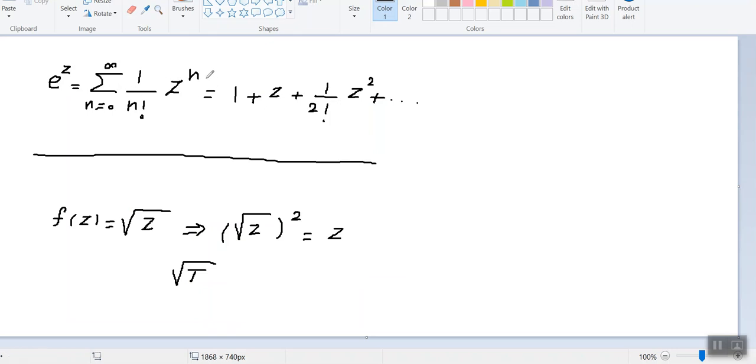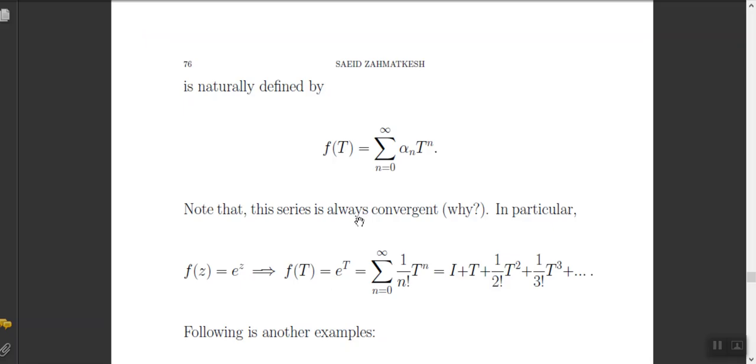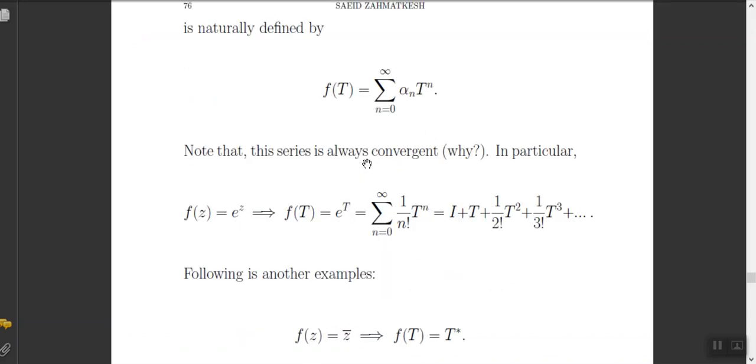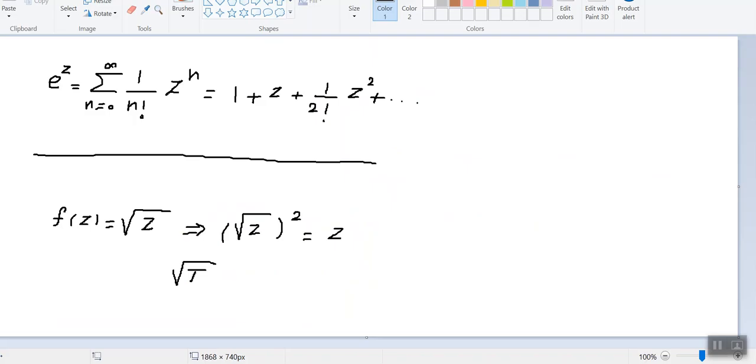So, using the Maclaurin series, this is a particular case or example of this. We can define f of t, exponential t, to be the sum of 1 over n factorial t to the n. Just like this, you just follow the Maclaurin series.